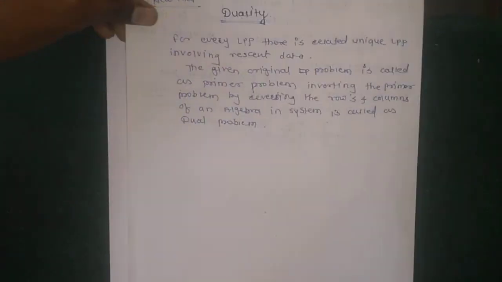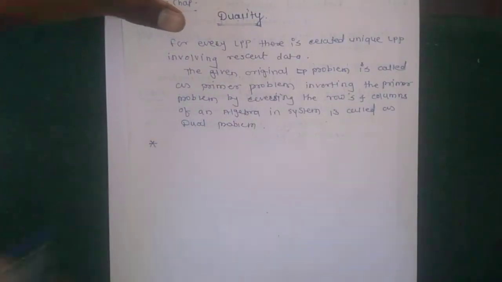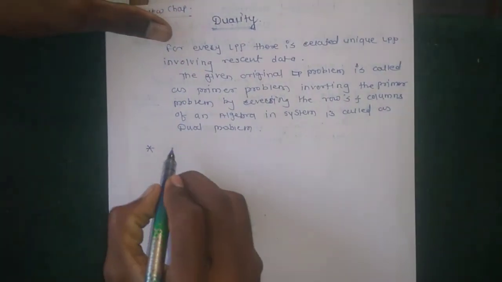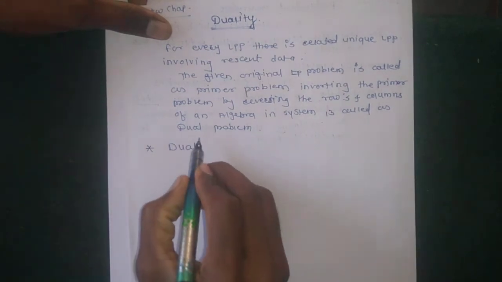Now, the form of the dual problem when the primal is in canonical form.